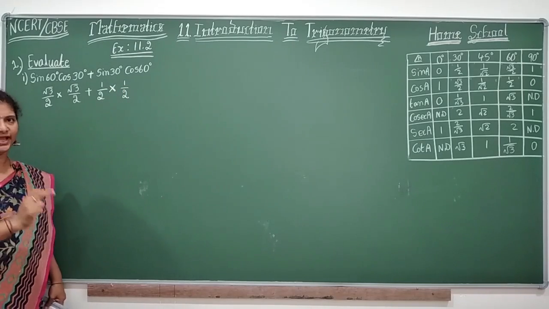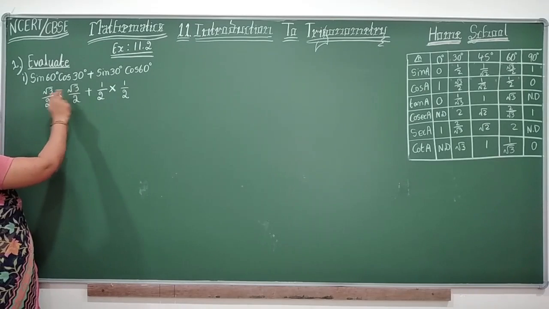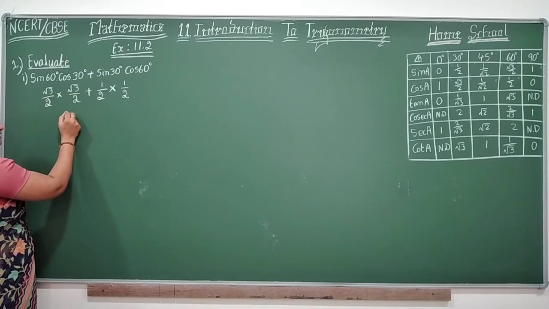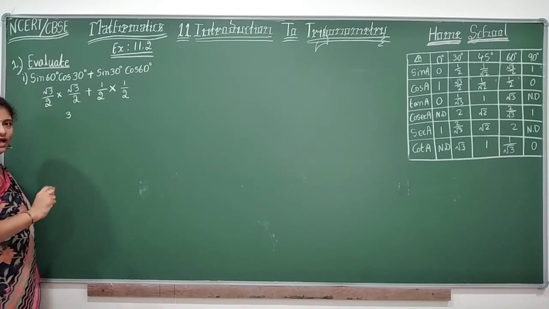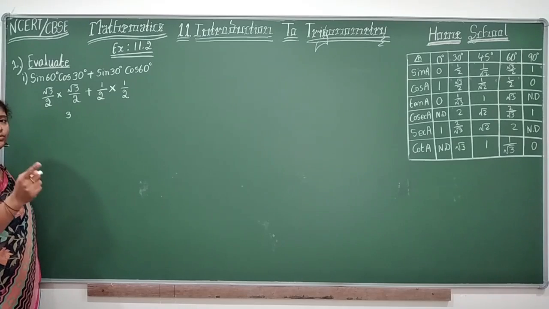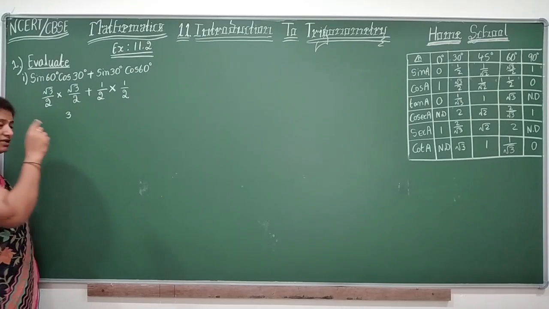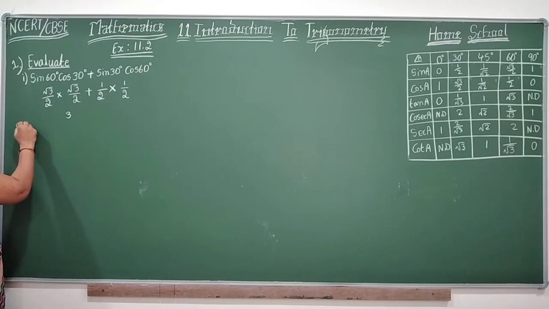Look carefully, children. Multiply the numerators. Root 3 into root 3 will be 3. Root 3 into root 3 is root 3 whole square; square and square root cancel.